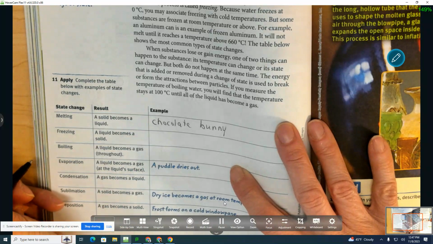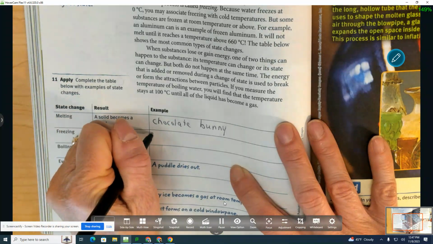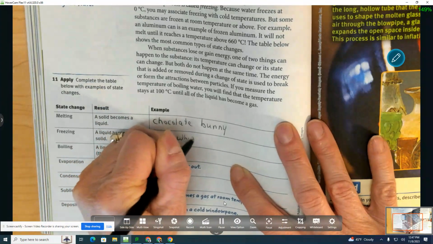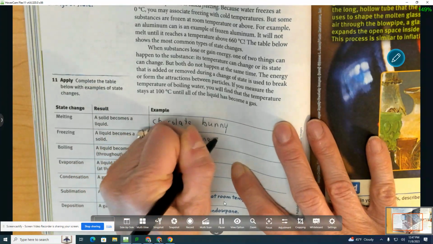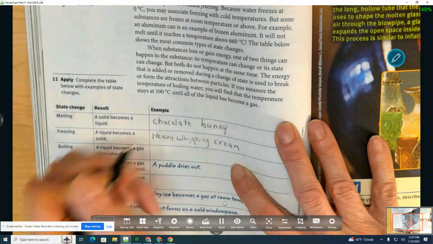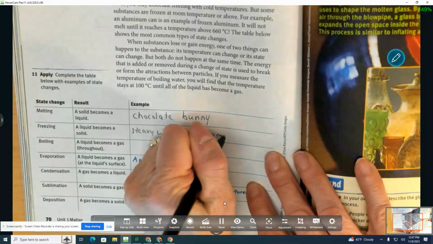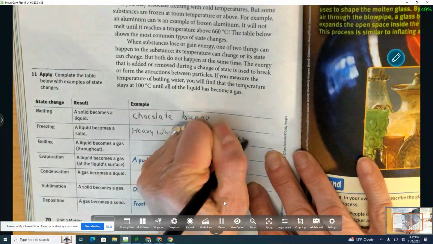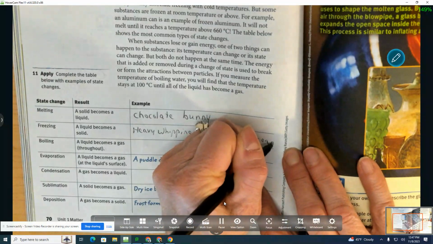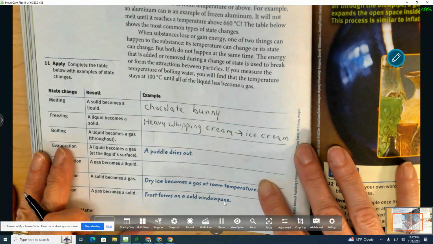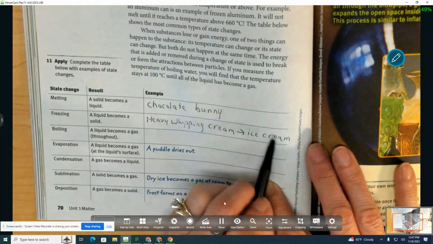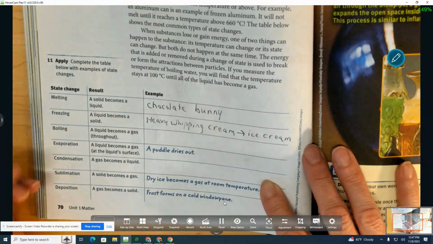I'm going to say heavy whipping cream is a liquid. When it is frozen, it becomes ice cream. Now, some other things might have to happen to get it to become ice cream, but if you were to put heavy whipping cream in the freezer, you would get something similar to ice cream.